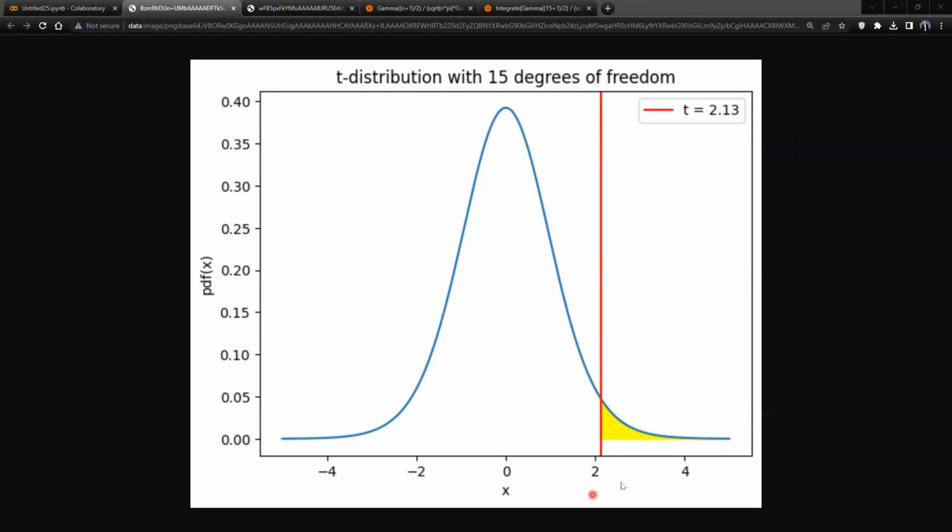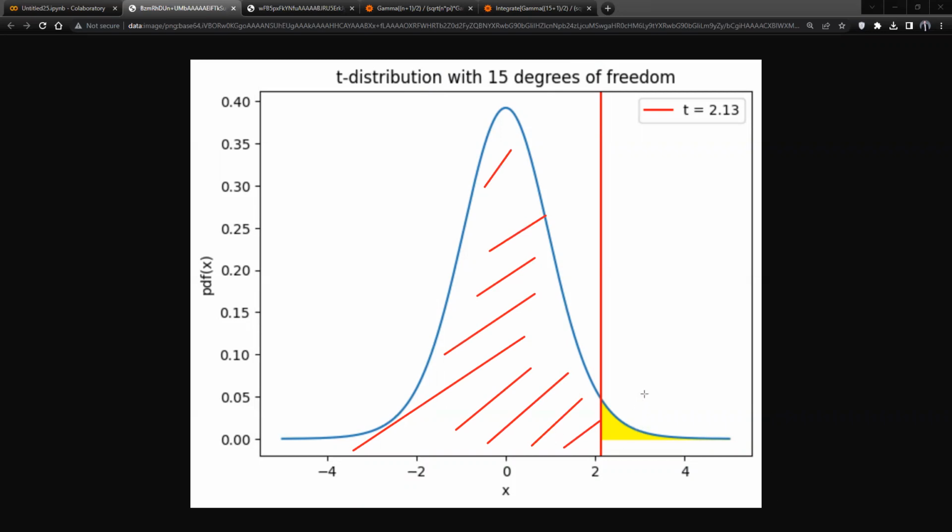And here is where t is equal to 2.13. It means that all of this area from negative infinity to this point is 97.5% of the area under that curve.